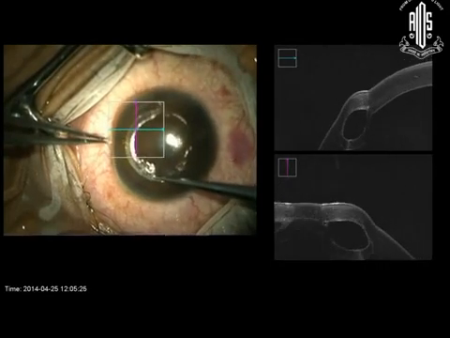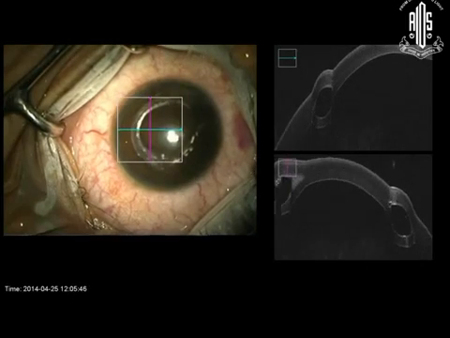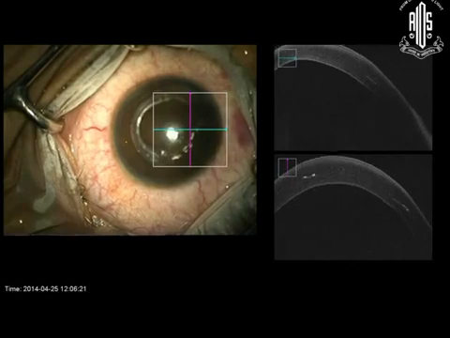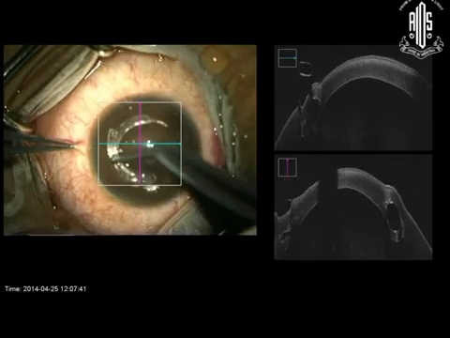There is a uniform thickness of cornea above and below the rings. Similarly, the other ring is put.